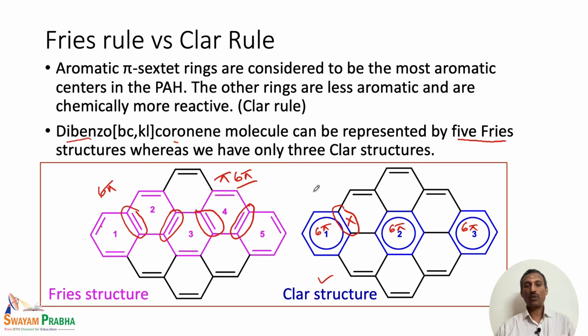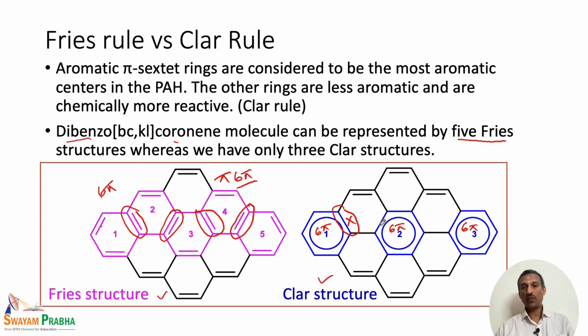So, when we have to draw the polyaromatic hydrocarbon structures, we can follow two types of rule: the Frey structure rule and the Clar structure rule. While representing, the Frey structure generally gives a greater number of aromatic pi electron systems with 6 pi electrons, whereas the Clar structure generally gives fewer aromatic rings with 6 pi electrons, because whenever we mention a Clar structure, there should be at least one ring which separates the two 6 pi electron rings.